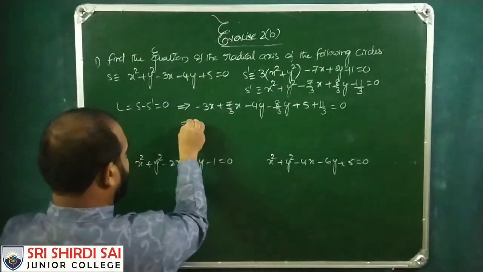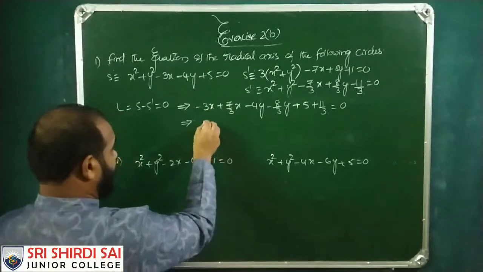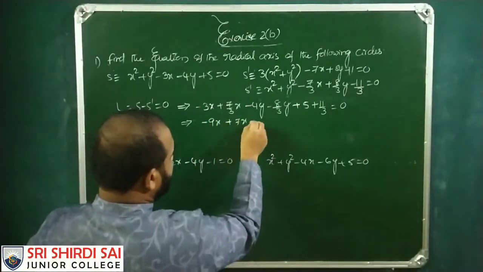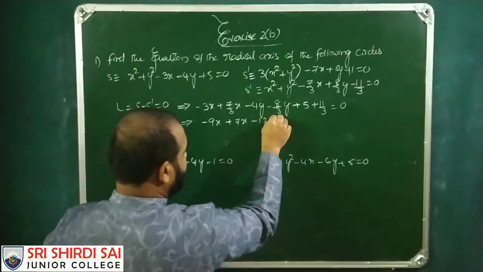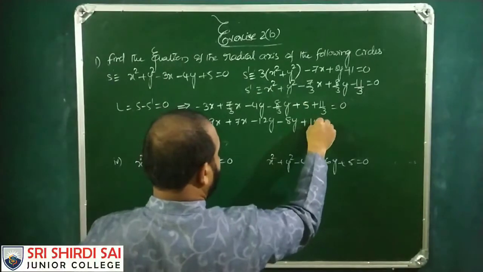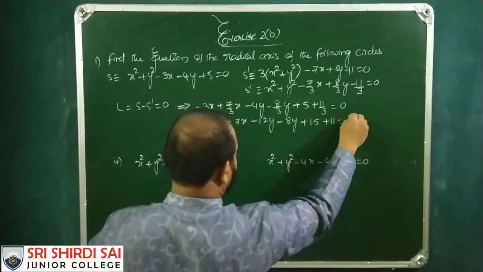Now take 3 as LCM: 3 3s are 9, minus 9x plus 7x, 3 4s are 12y minus 8y, plus 3 5s are 15 plus 11, all equals 0 by 3.